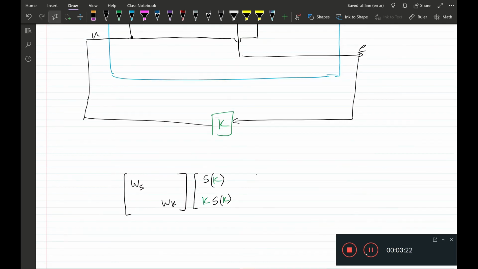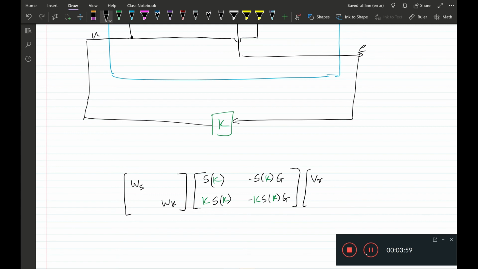We have S depending on K times G, and then we have K times S, again a function of K, times G, or to be specific we would have a minus sign here and a minus sign here.